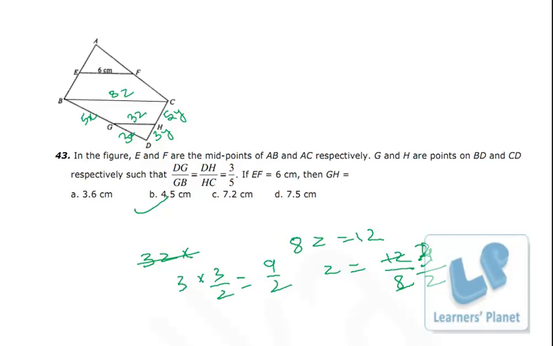So the concept of similar triangles as well as the midpoint theorem we have used over here. The important point is when you take DG is to GB, precisely the triangle DGH is similar to DBC, so do not forget to take the complete length, right? DG is 3x, GB is 5x, so complete DB will be 8x. That's why we are taking this as 8z and this as 3z.